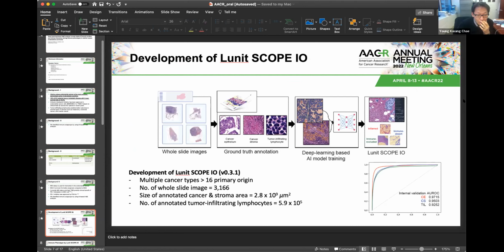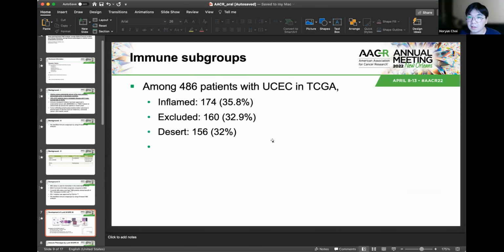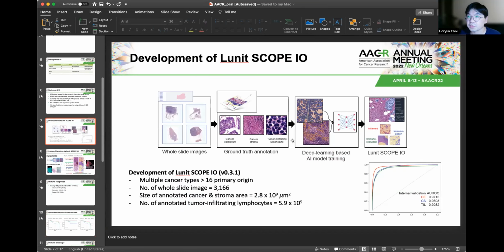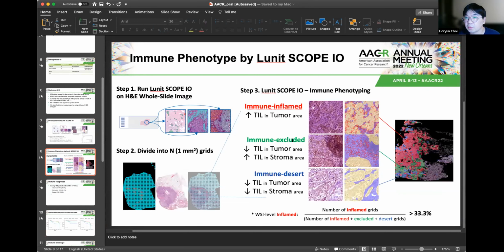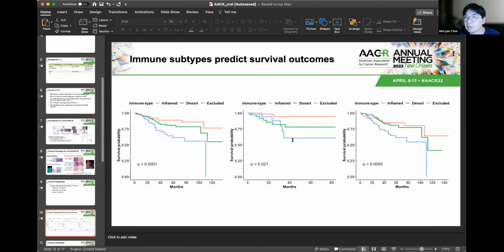I spoke with Dr. Cho about how they developed the Lunit scope, so I understood how they developed it, and then we made the slide. Actually, Dr. Oak gave me this slide, and then the first slide.